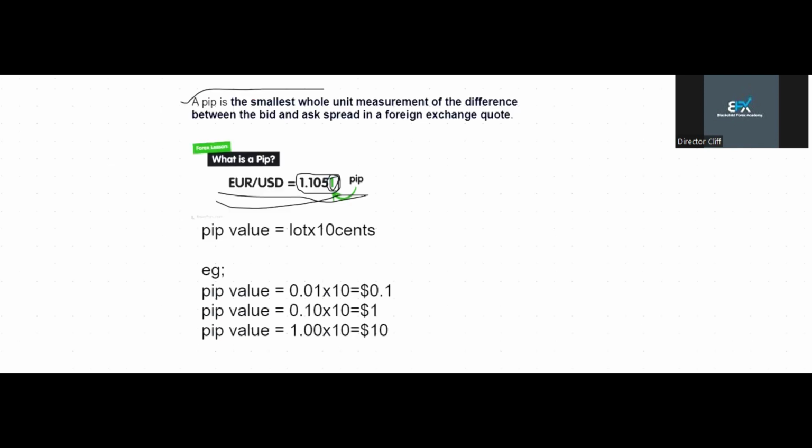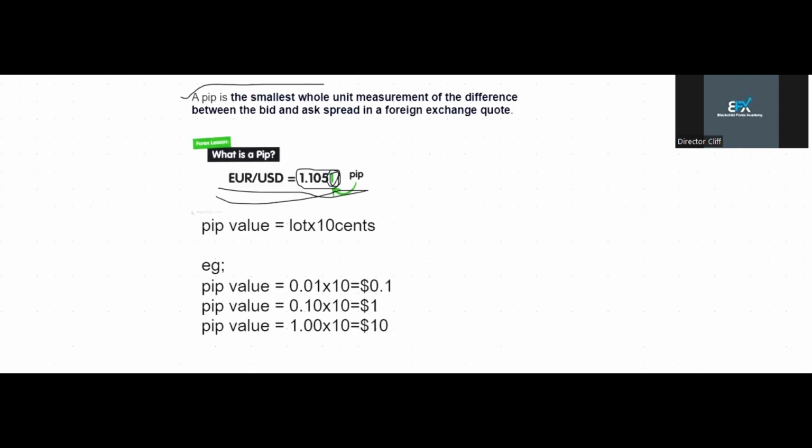And first thing we need to know is the pip value of one move. Let's say, for example, we have the euro dollar, which is 1.1052. Let's say it has moved up, to make it more spicy, to 1.1053.